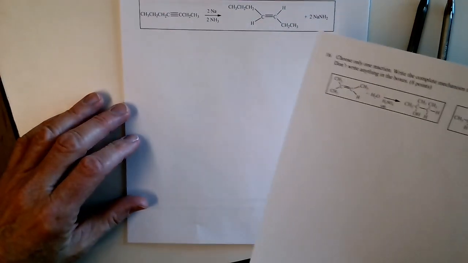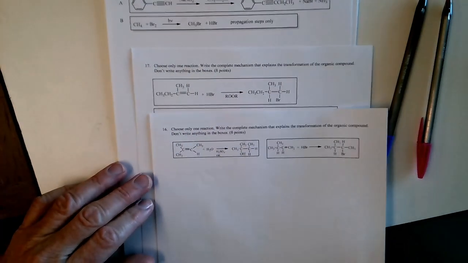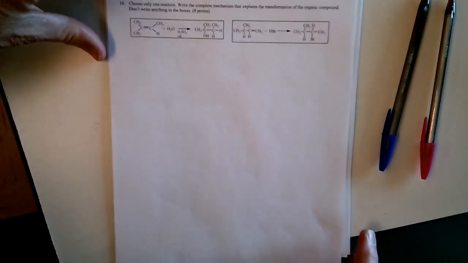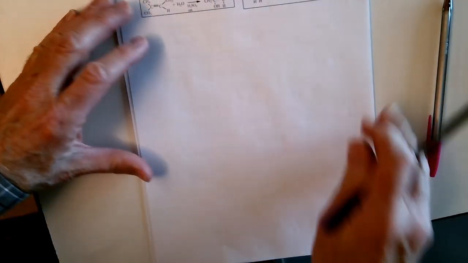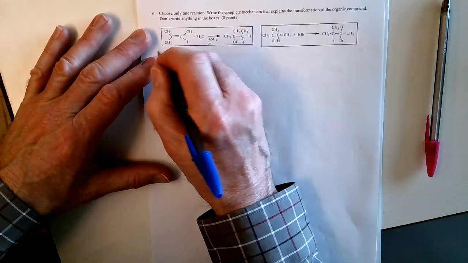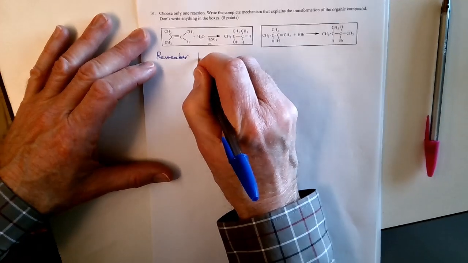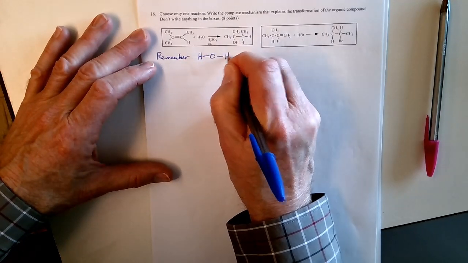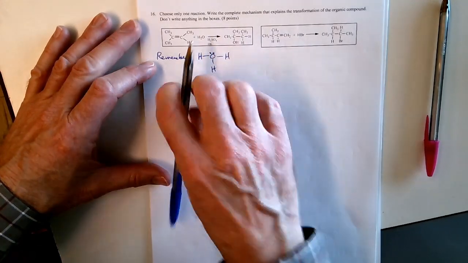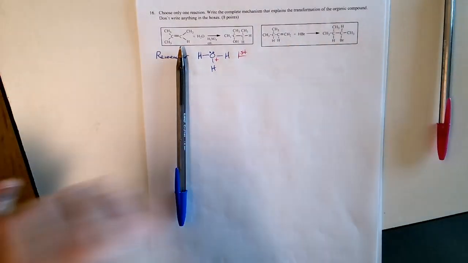Okay, let me see if I can say something about the most common problems here. Okay, this one right here. And this one, remember, HOH. That's the first thing that reacts with your alkene.